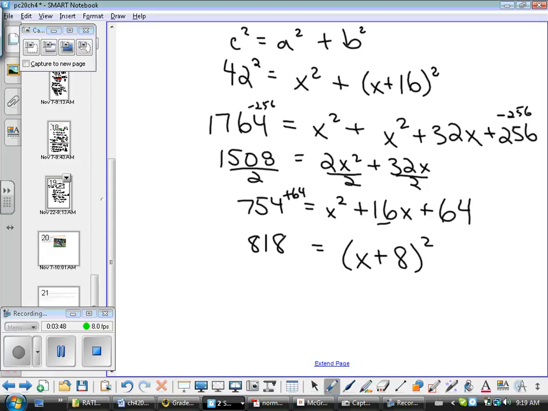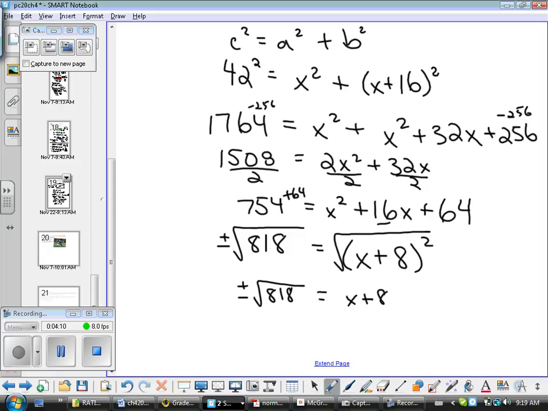Okay, and so we're going to be able to take the square root of both sides here now. Okay, and remember, on this side, we want to use the plus or minus. You don't have to do the plus or minus on both sides, right? Okay, so always do it on the side with the number in. Okay, so x plus 8 equals plus or minus root 818.